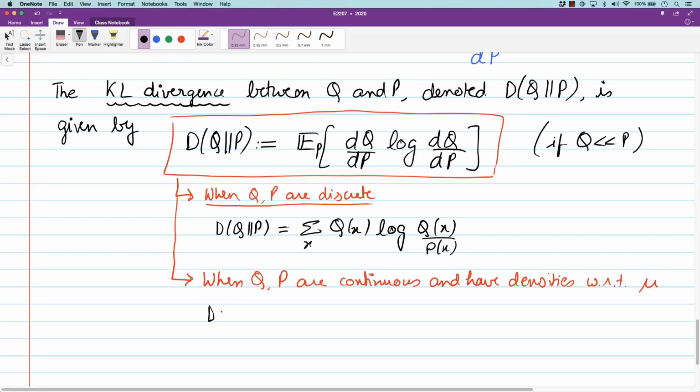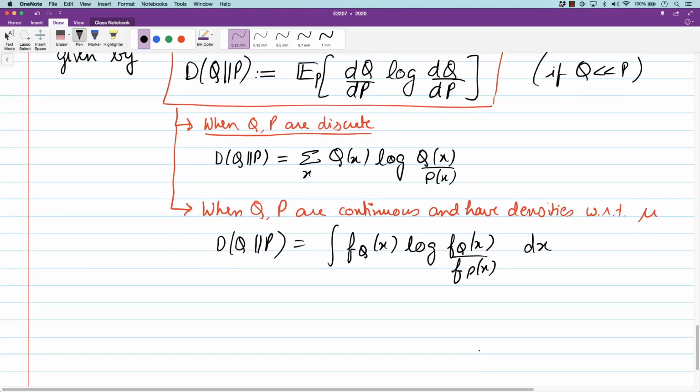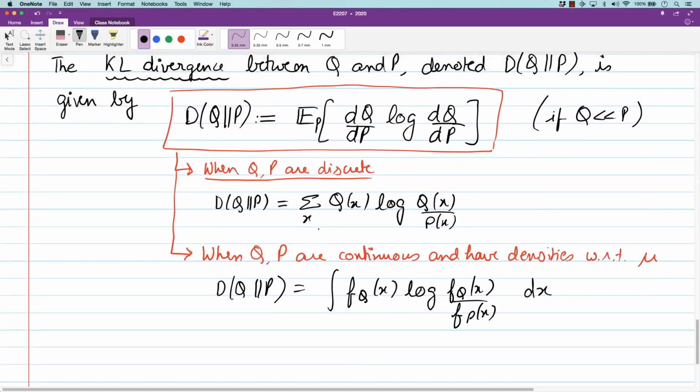Then, just like Gaussian or some other two distributions, this is equal to the integral of the density of Q times the log of the density of Q by the density of P, dx. And this integration here is with respect to the Lebesgue measure. Okay, the standard integration. That's the other example where this has a very concrete form.